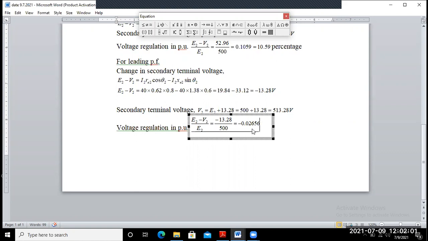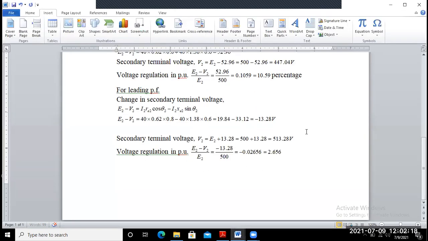If you multiply by 100, you will get the value in percentage, that is equal to minus 2.656 percent.